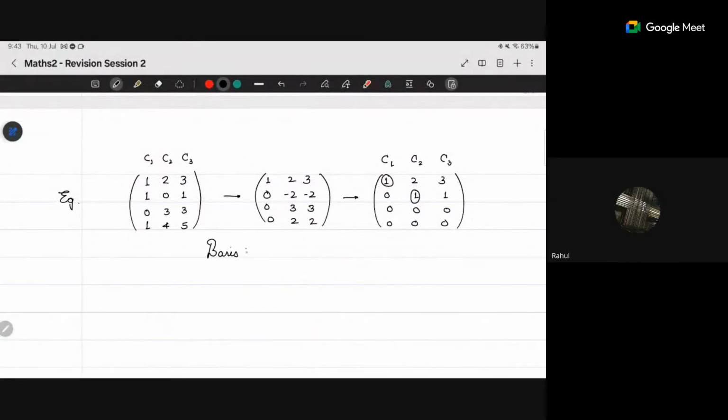But sir, in the row method, as long as I don't swap a row, this corresponding thing can still be applicable there.